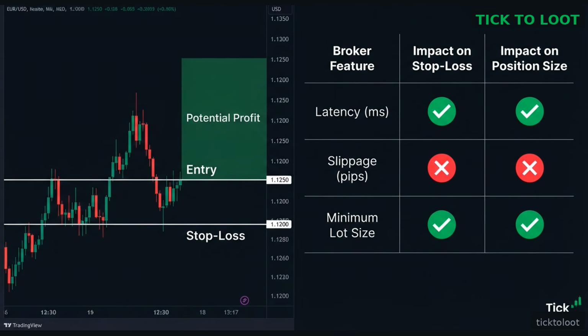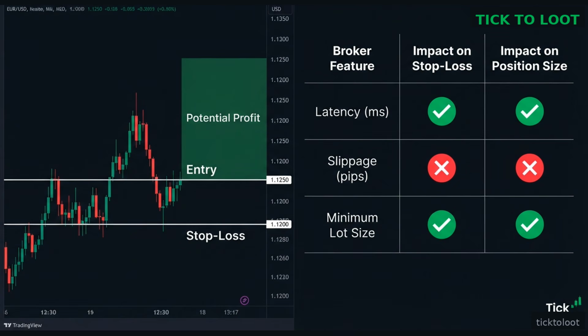Imagine you have $10,000 in your account and you decide to risk 1% or $100 on each trade. If your stop loss is 20 pips away, you would calculate the lot size so that a 20-pip move equals $100. In a perfect world, you could simply divide $100 by the pip value and know exactly how many lots to trade. However, the broker you choose can change that math.